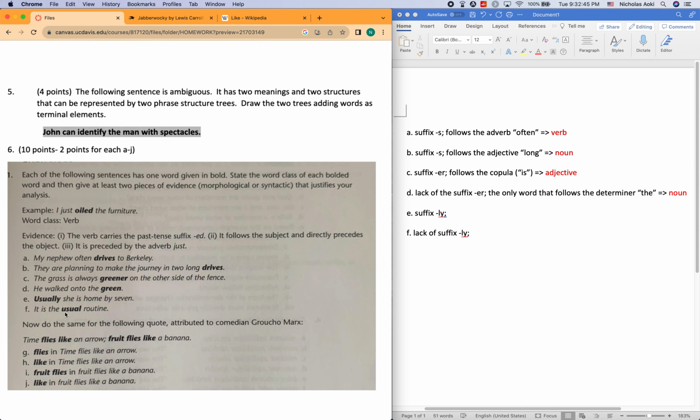Next, syntactic evidence, the word order. In E, the fact that it's coming before the subject she, that is often a temporal adverb. So we can say sometimes she is home by 7, that kind of thing. So it comes before the subject.